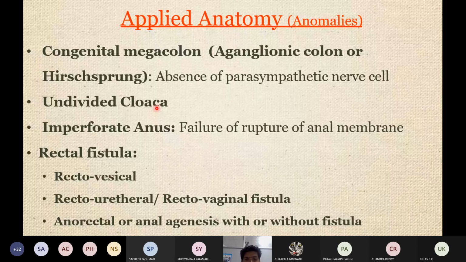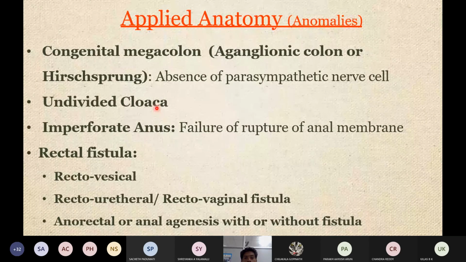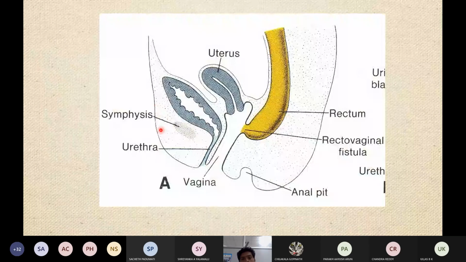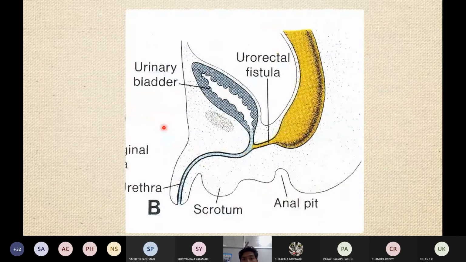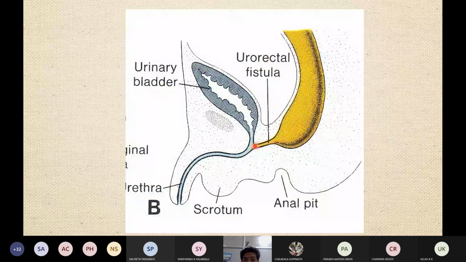If they fail to develop properly, you see here a few of the conditions, where the anal pit is there but the anal canal is not there. In this condition, the rectum has a connection with the urethra. Such conditions are called urorectal fistula.